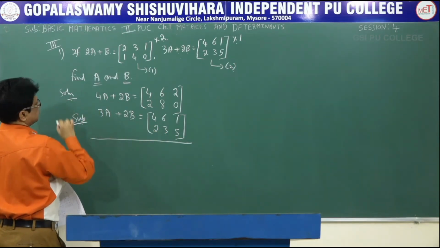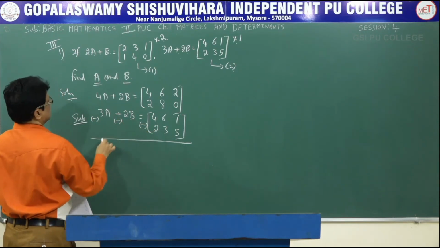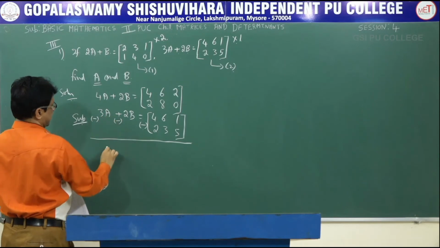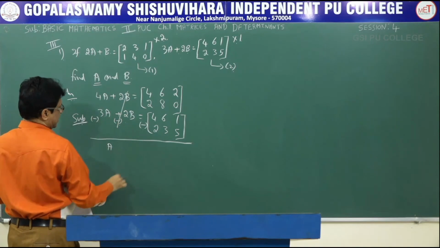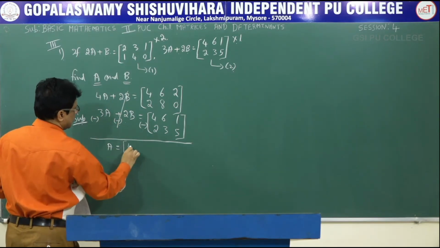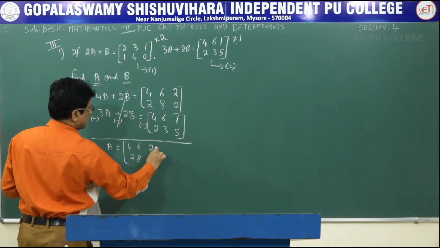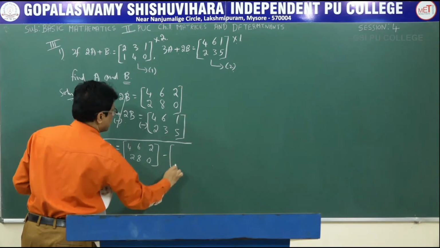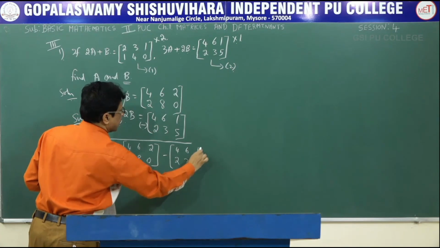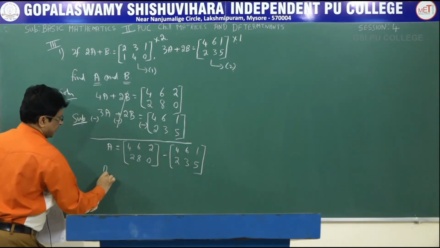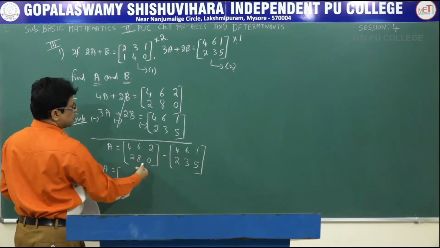Subtract. So 4A minus 3A is A. 2B and minus 2B will get cancelled. So that will be equal to [4, 6, 2; 2, 8, 0] minus [4, 6, 1; 2, 3, 5]. So we subtract the corresponding elements of these two matrices.